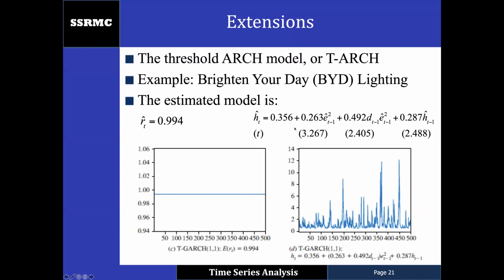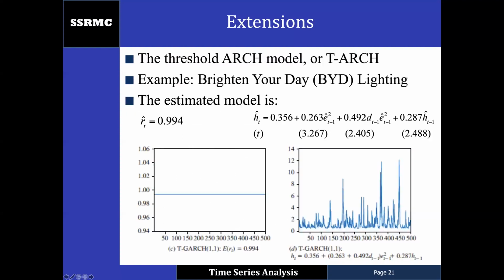And in our random process to generate HT, we have the ARCH element here, that's 0.263. We also have a GARCH element over there, it's 0.287. On top of that, we also have this threshold element there, and that's attached to this dummy variable.